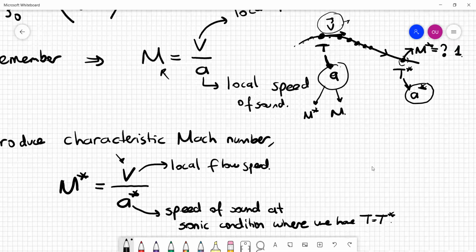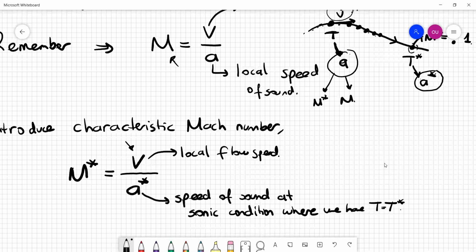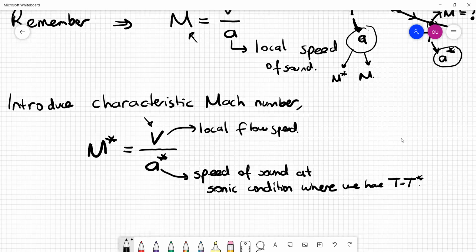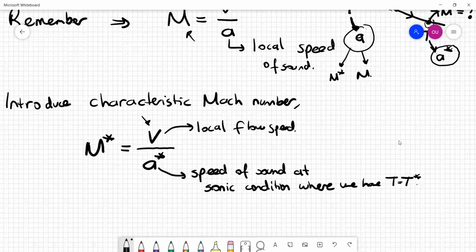I would like you to understand this very clearly, because generally students become very much confused about this definition of M star. But I think it's clear enough at this point. So once we introduce this characteristic Mach number definition, the next step is to modify our original equations, which contained A star, and start to see M star in those equations, okay?